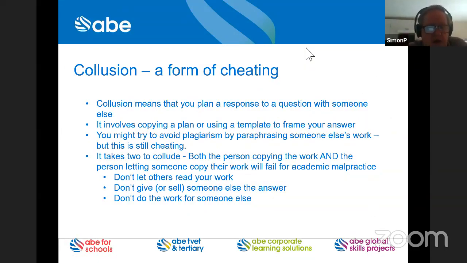So collusion is where two or more people get together to share a common framework for answering a question, but more specifically, usually by taking the work of a third party and passing it off as their own.